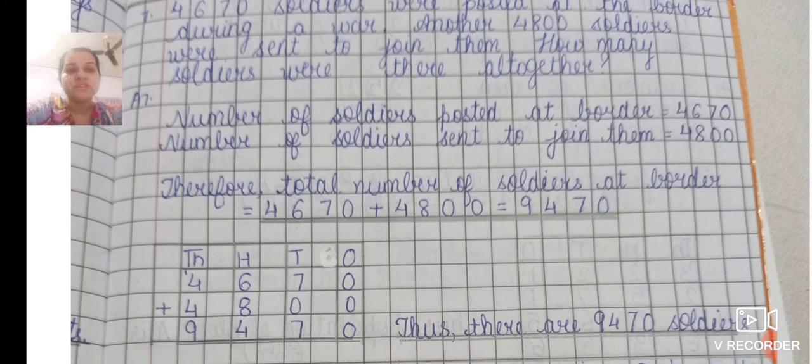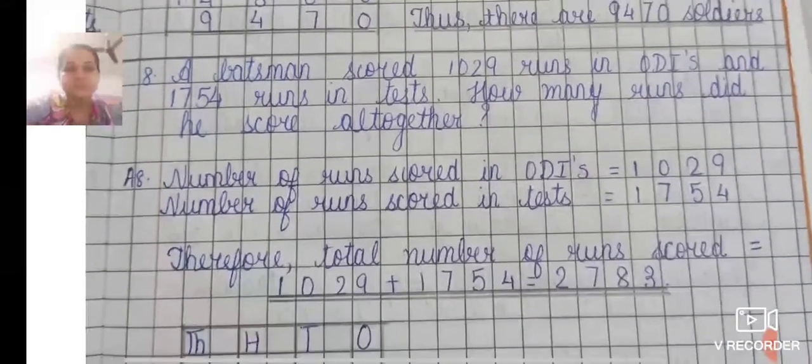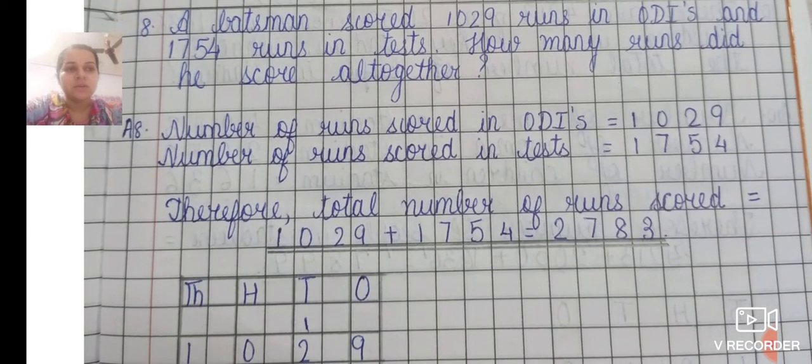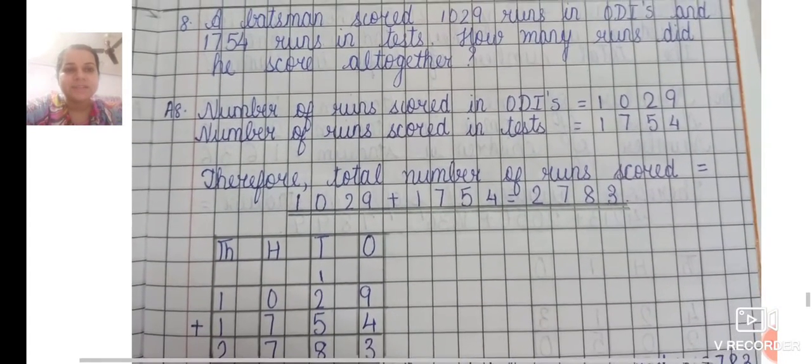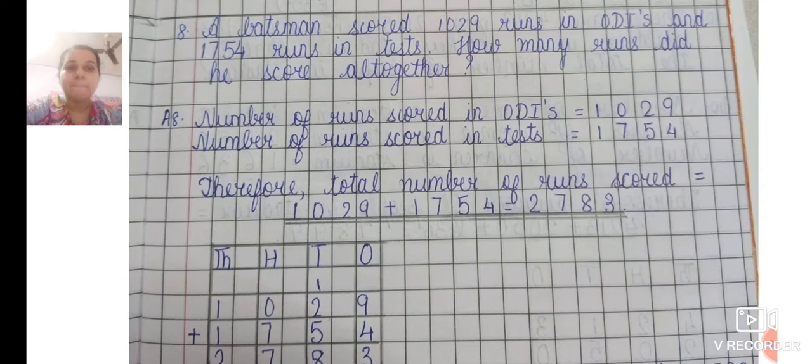Now we move on to the 8th sum. What is the 8th sum? A batsman scored 1,029 runs in ODIs. ODIs is one day internationals. One day cricket match you all see, no?